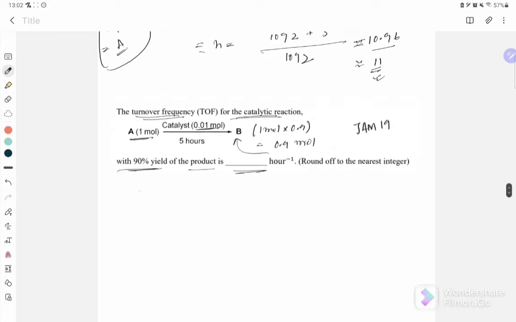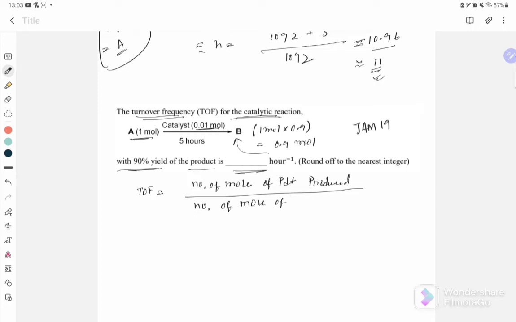Our turnover frequency equation is TOF equal to the number of moles of product produced by the number of moles of catalyst used into time taken. The time is given here, that is 5 hours.